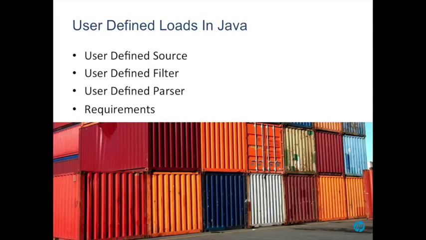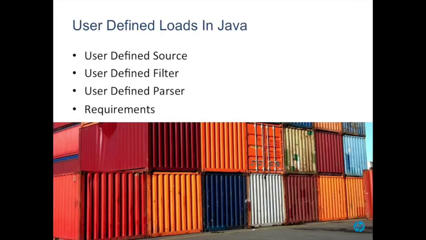The user-defined source controls how the copy command obtains the data it loads into the database. The user-defined filter allows you to filter the data, and the parsers parse the data into tuples that are ready to be inserted into the table. So with this new feature, basically you're able to do this with Java. You used to be able to do this with other things, but now you can do it with Java.